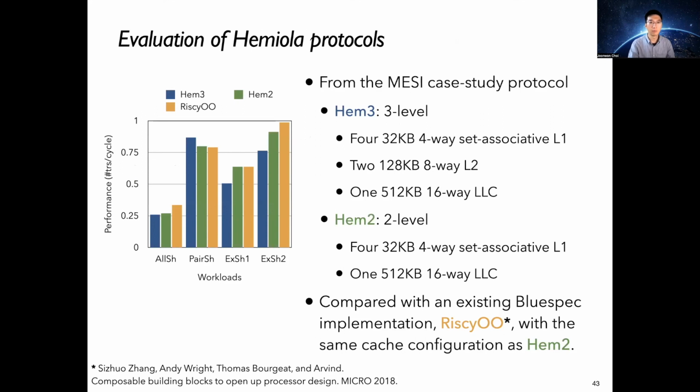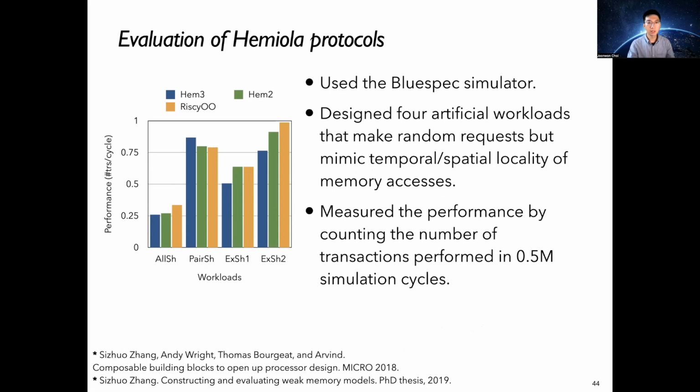In order to claim that the protocols designed in Hemiola are practical and competitive, we evaluated our case study protocols with an existing BlueSpec implementation. For this evaluation, we used the BlueSpec simulator, and we designed 4 artificial workloads that make random requests but mimic temporal and spatial locality of memory accesses.